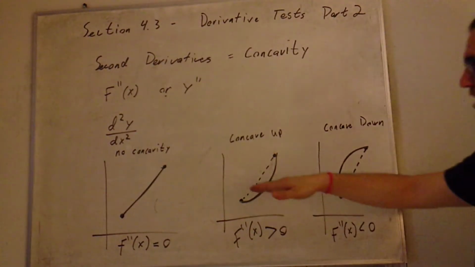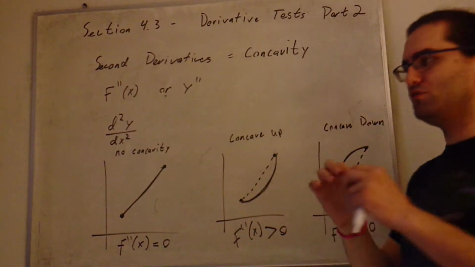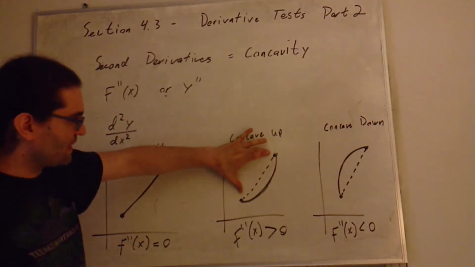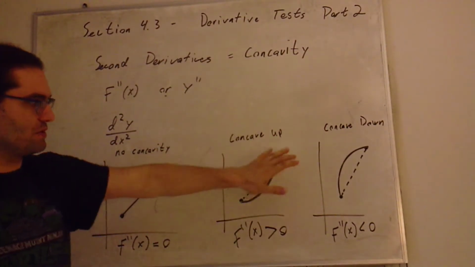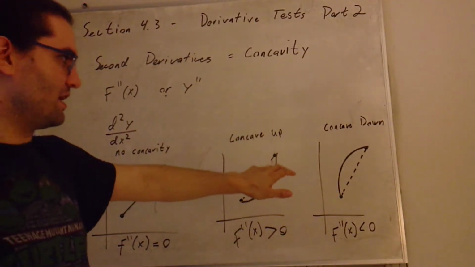So it's all about how they curve. If you connect 2 points on your graph with a straight line and look at whether your graph is above or below the straight line, you should get a sense of whether or not this thing is concave.